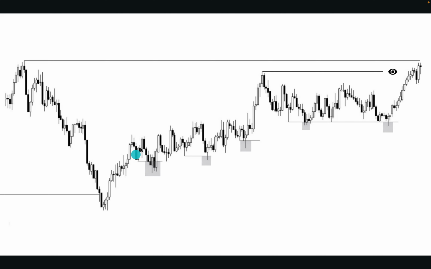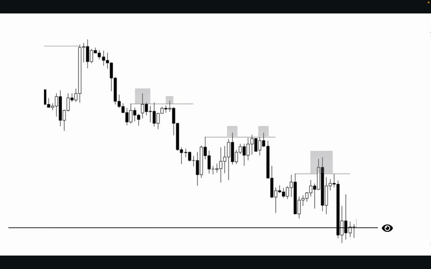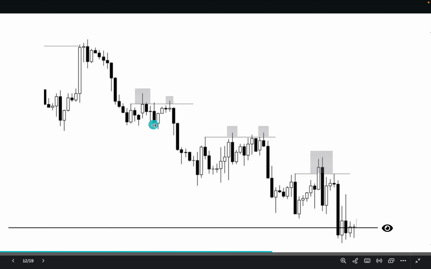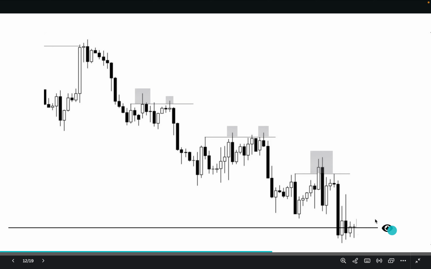And you see that price doesn't break the lows, but it breaks the highs. You can say to yourself, all right, this is most likely going to reach. Same thing with the downtrend. All the way down, price did not break the highs, but it breaks the lows on the smaller time frames. This is a perfect example of when to know when your drawn liquidity will get respected.